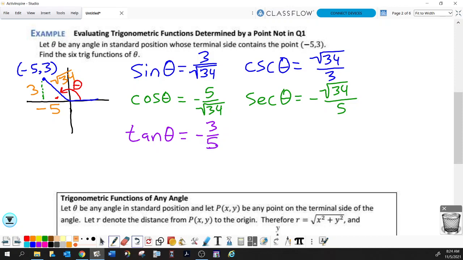Good Lord, it's only getting worse. And if you know tangent, you know cotangent. Just flip it over. So, how interesting that tangent and cotangent gave me the exact same fractions that they gave me in quadrant 1 and quadrant 2, except the sign changed.